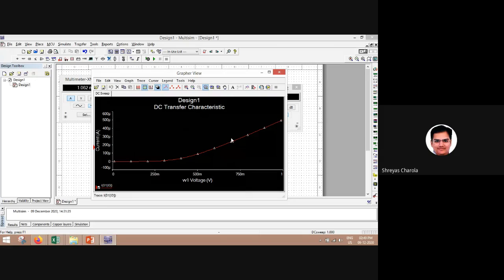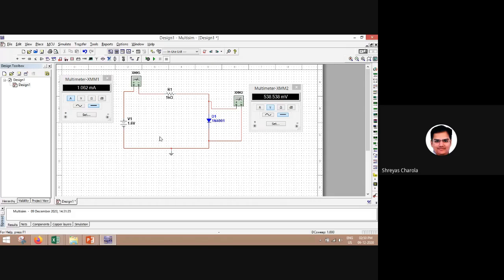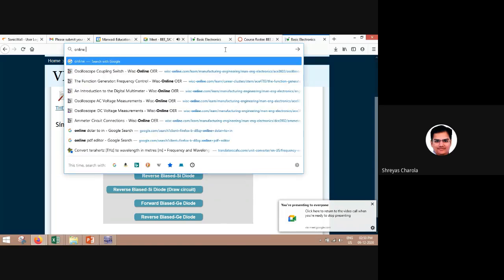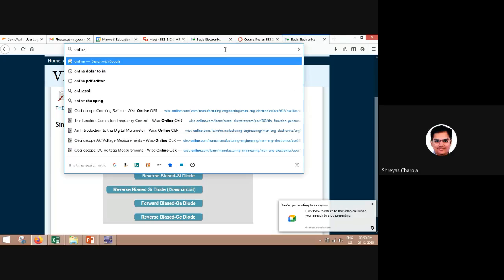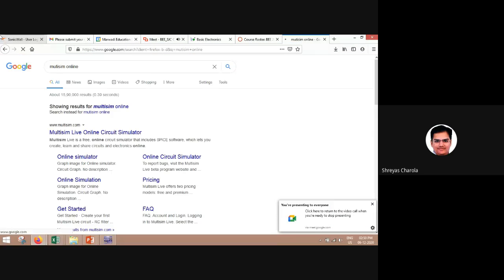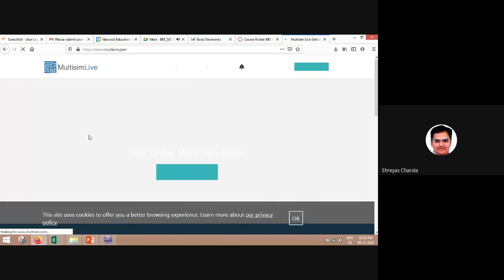I'll teach you how to get the characteristics in Multisim, and we also have an online Multisim. You can implement the same circuit in online Multisim. Online NI, National Instruments. This is a live Multisim circuit simulator.